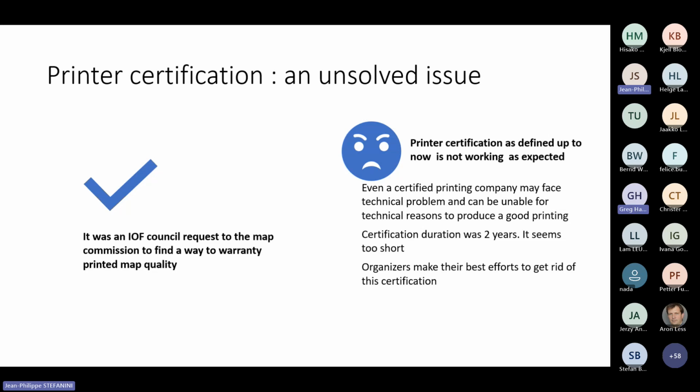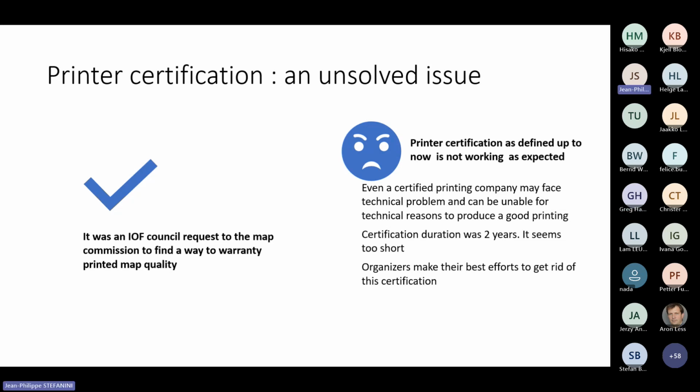We know that even a certified printing company may face technical problems. It was the case for jackets this year. The offset printer machine faced technical failure, so they were unable to produce good offset printing.